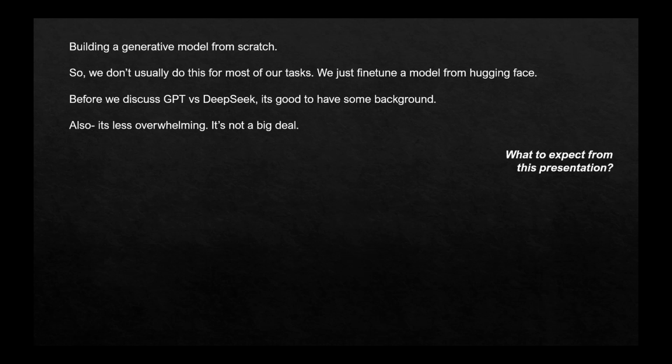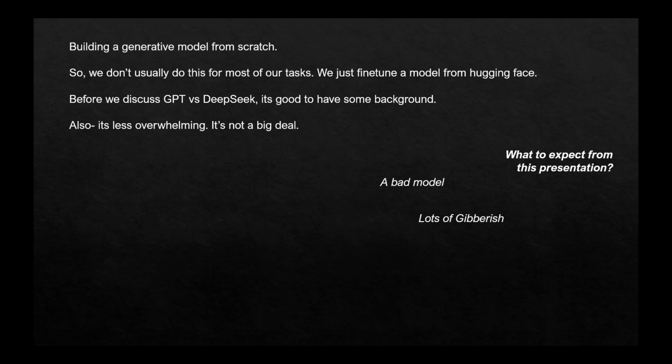Okay, so what to expect from this presentation exactly? What kind of model are we building? We'll build a recipes model: given some ingredients, your generative AI model should be able to generate some recipes for you. And the model's going to be really bad. There's going to be a ton of gibberish in the output. Why is that?